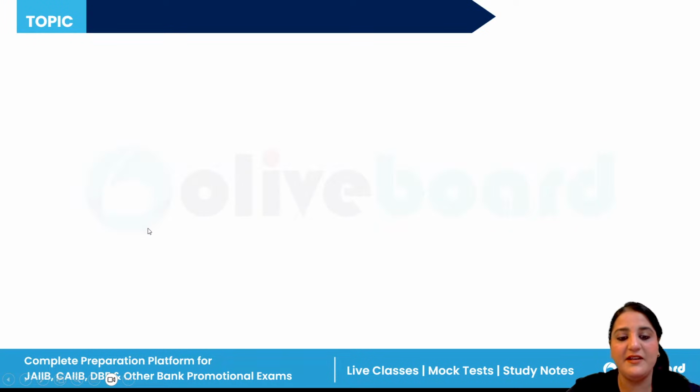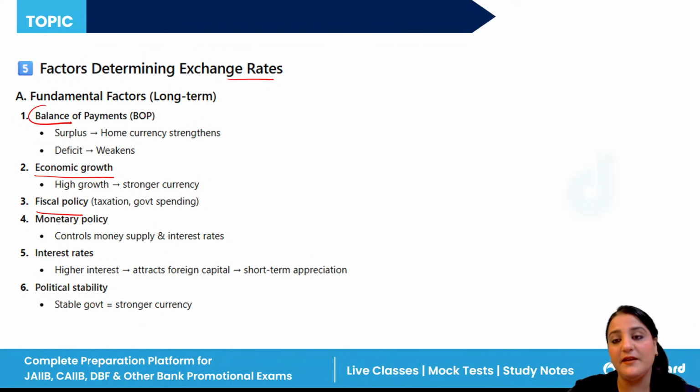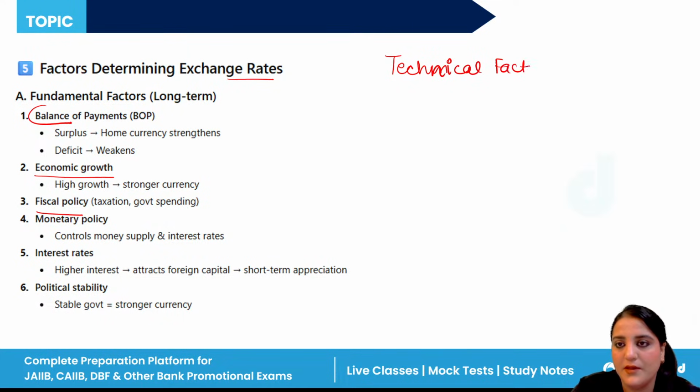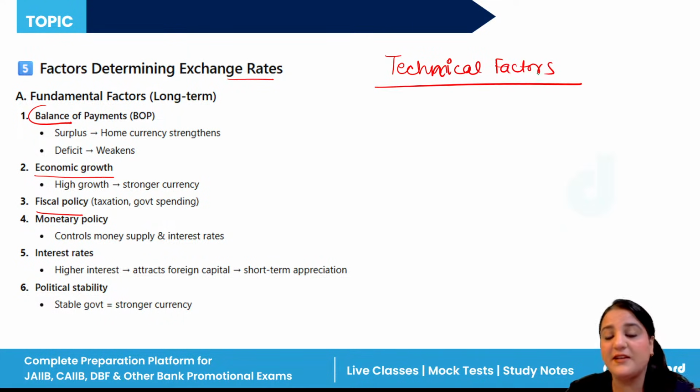Then we have the next factor, that is technical factors. What is a technical factor? These are factors where capital flows due to fear.